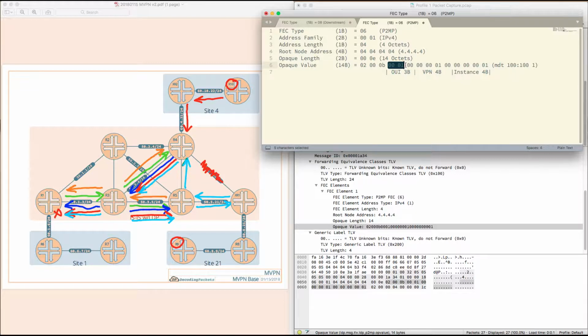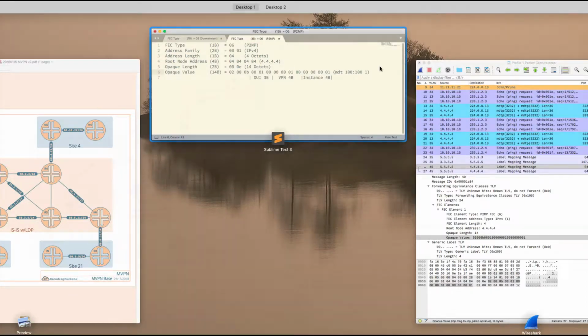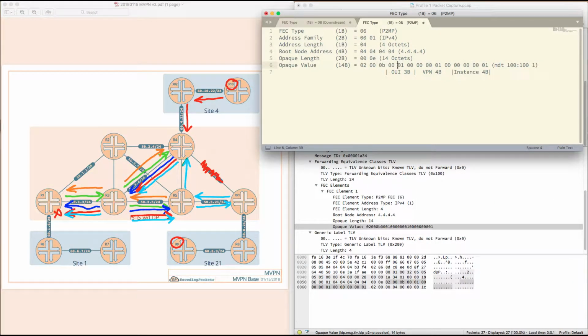So the first 3 bytes in hex are 100 as the OUI value, and the next 4 bytes are also 100, because it is 100 colon 100, which you can see here. Finally, the instance. Instance 0 always belongs to the default MDT, so that cannot be used. In our case, we just used the next one, which we used for the Data MDT. So that's how you break that value down, but essentially it's just signaling an opaque value.